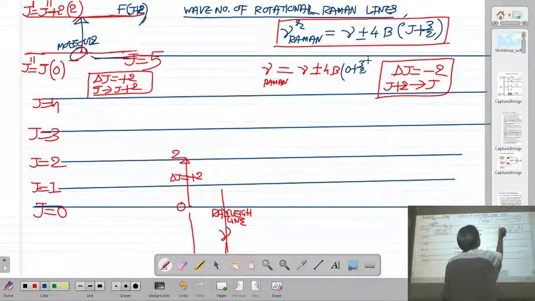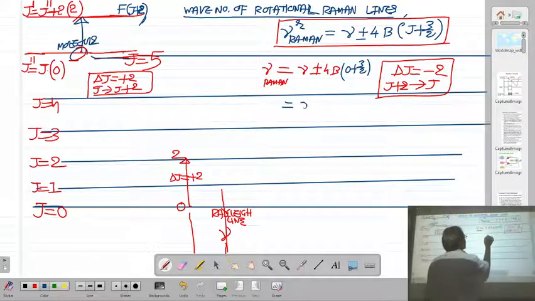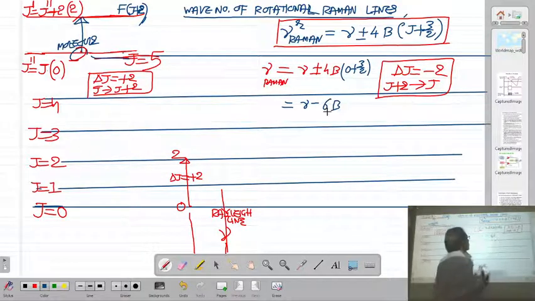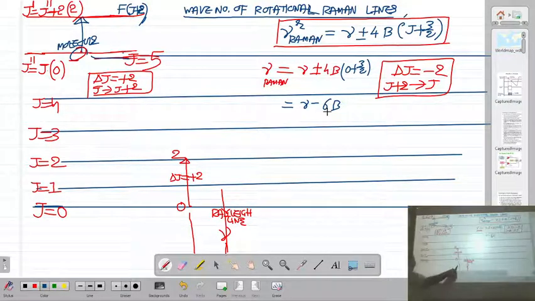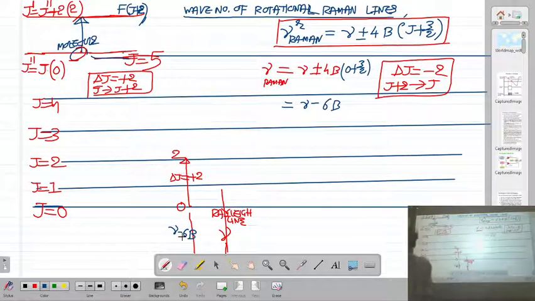So the wave number of this line will be nu minus 6B, because 4B into 3 will be 12B, upon 2 will be 6B. Why have I written minus? Because on the left hand side the wave number is decreasing, on the right hand side the wave number will increase.